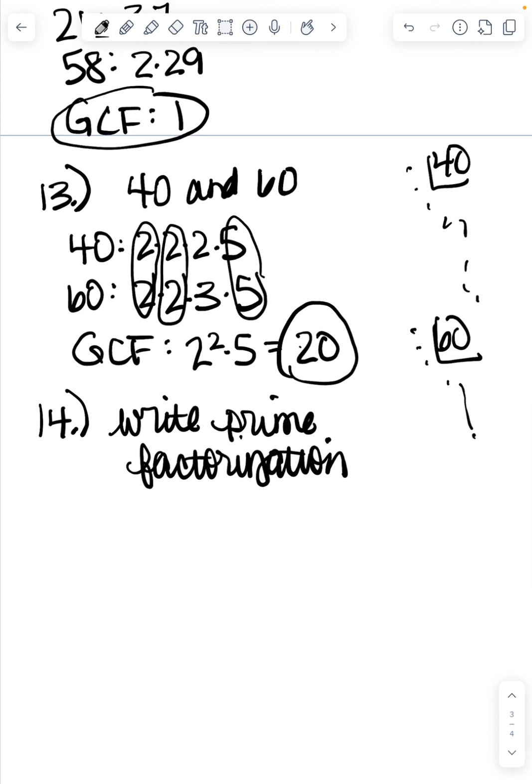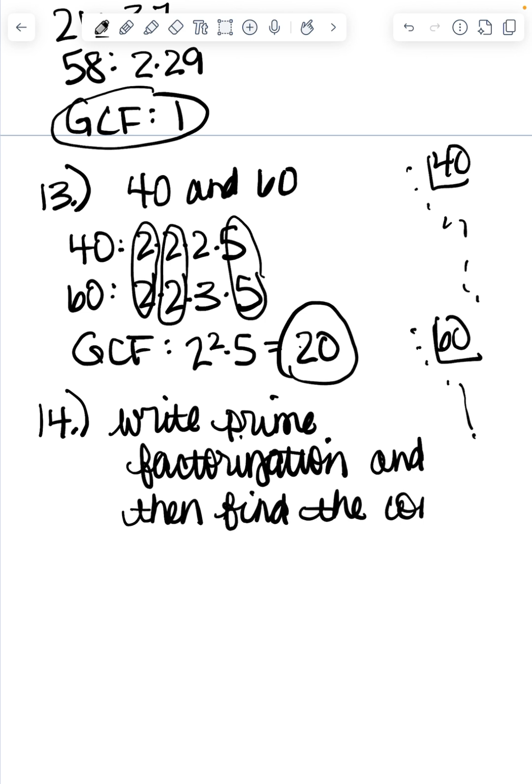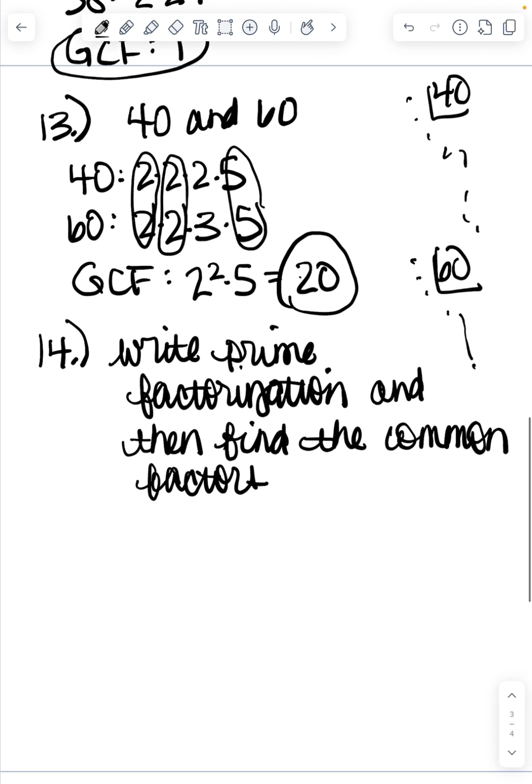Again, try to get yourself used to doing the ladders. So you're going to write the prime factorization, and then find the common factors.